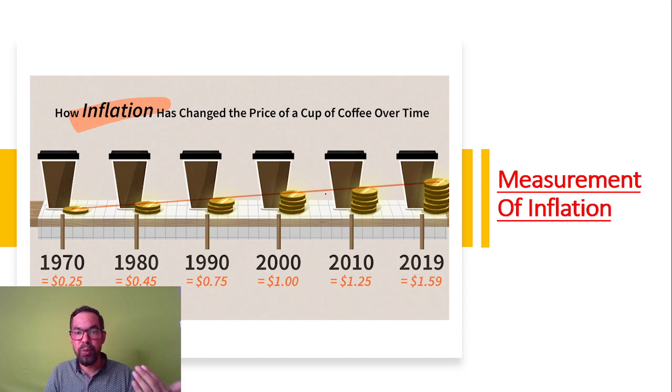One is WPI, Wholesale Price Index, and another is CPI, Consumer Price Index. If you talk about government data, whenever you study newspapers, we go for CPI, but we do have reference of WPI as well.